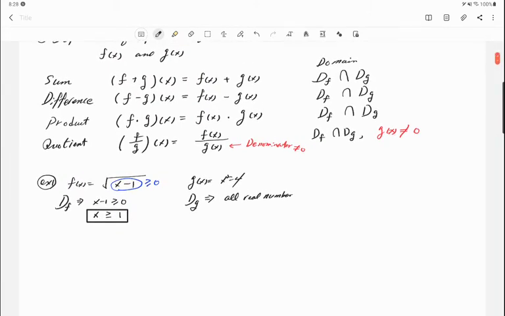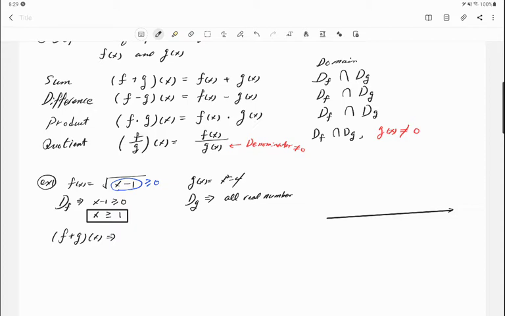So when we apply the sum, f plus g, we want to find the domain. Then what will the domain be? Look at this. The intersection means the overlapped area.